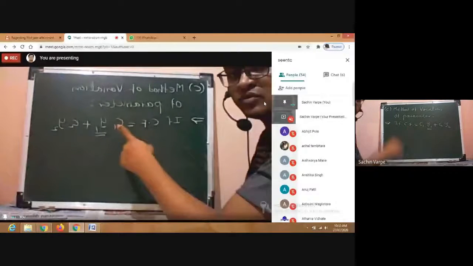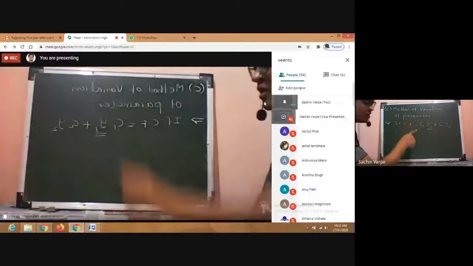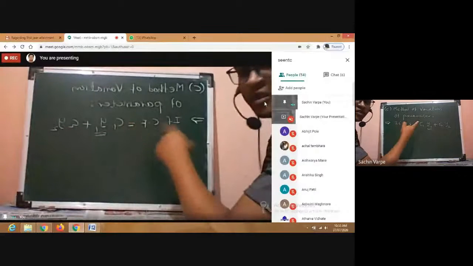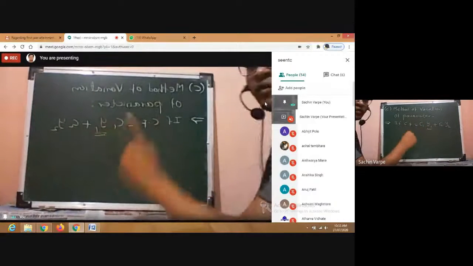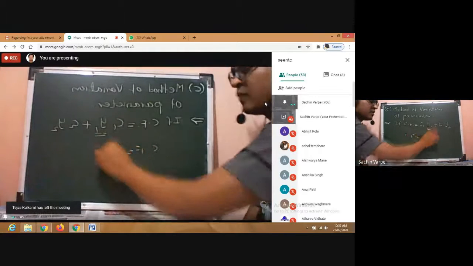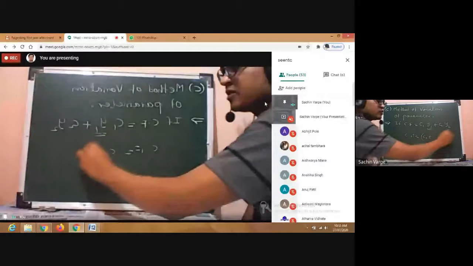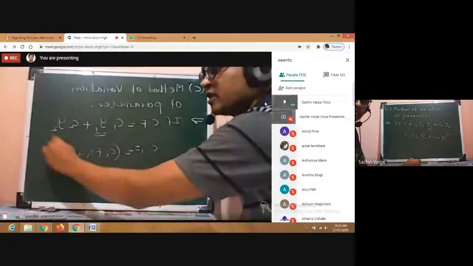Because most of the students are confused about y1 and y2. These y1 and y2 are the only important things in the method of variation of parameters, so you should know what y1 and y2 are. Suppose the complementary function is (c1 plus c2 x) into e raised to 3x. Then what are y1 and y2 here?